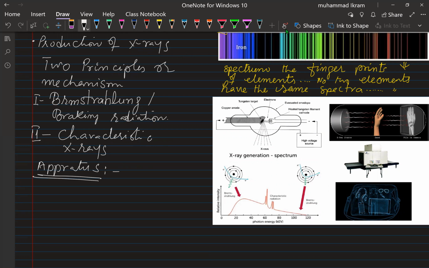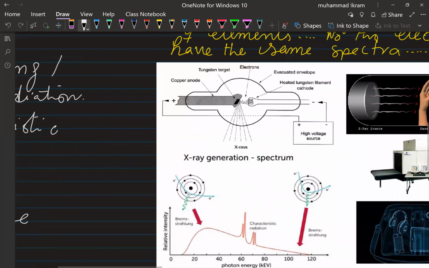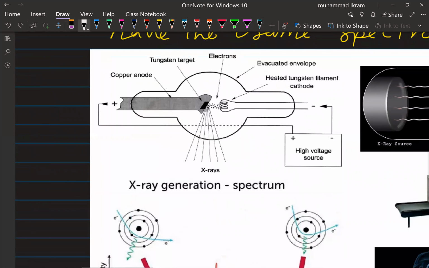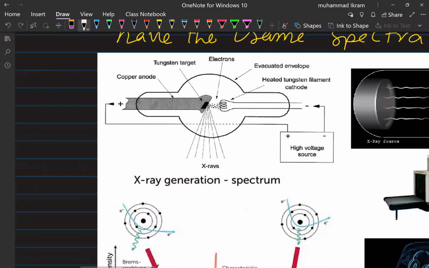There is the X-ray tube. Here you see that, look, this is the X-ray tube. Inside the X-ray tube, you see the tungsten filament. Here you see the copper anode, and here, this portion, let me make it shaded for you.